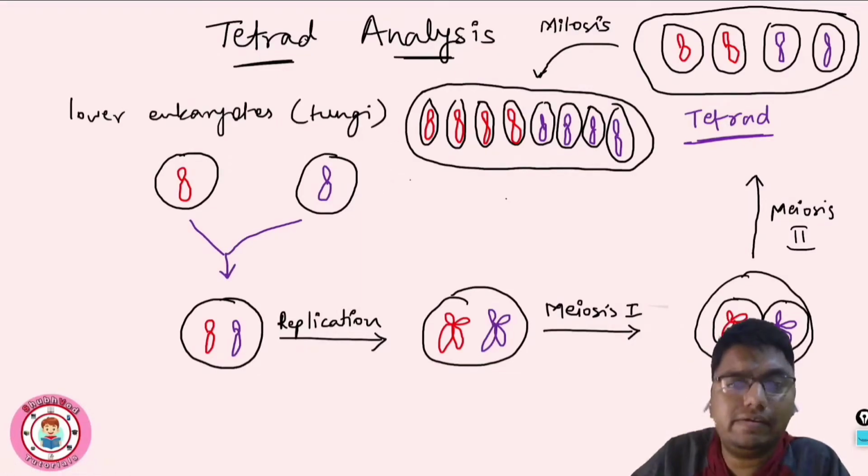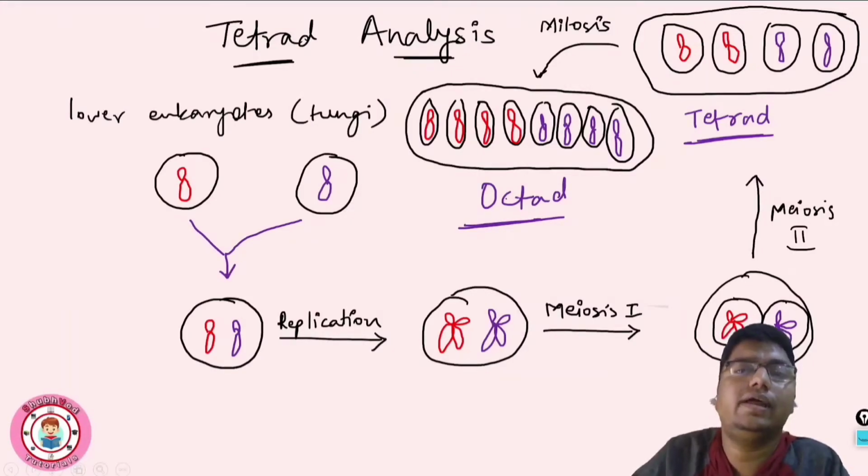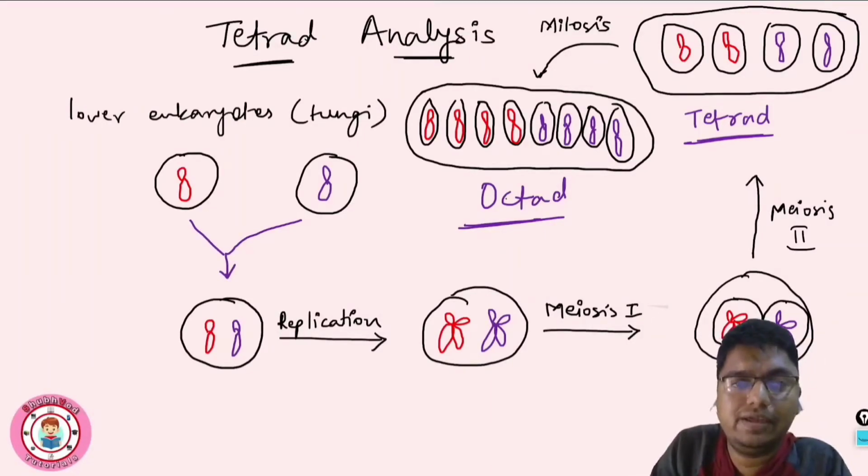There are 8 spores, and this 8 arrangement is known as octad. So this is the overall pathway of what is tetrad and what is octad. This is the basic sexual reproduction of fungi.